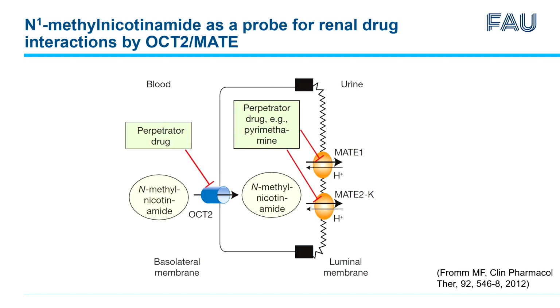And the hope is that the renal secretion of N-methylnicotinamide, for example, mimics in some way the excretion of the respective substrate drugs, and that inhibitors such as pyrimethamine affect the disposition of the clinical victim drug, metformin, for example, in a similar way as we affect the renal elimination of the biomarker, in this case N-methylnicotinamide.